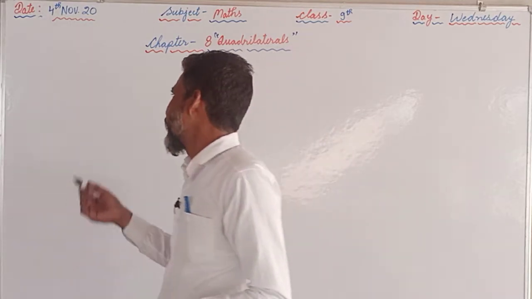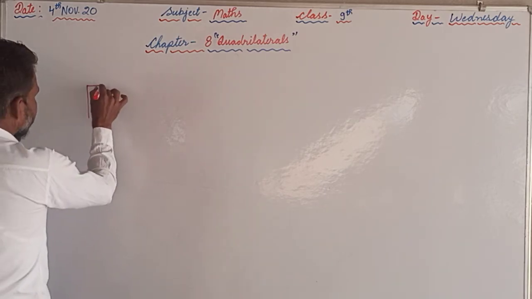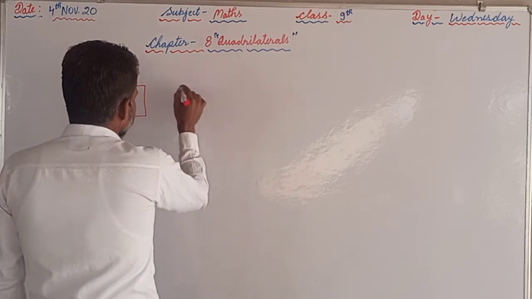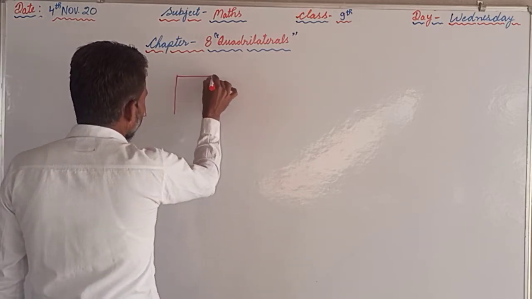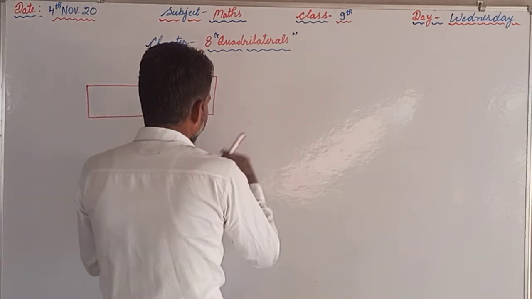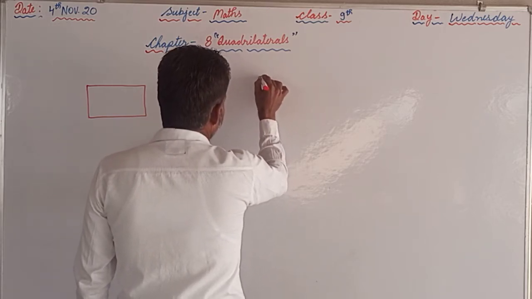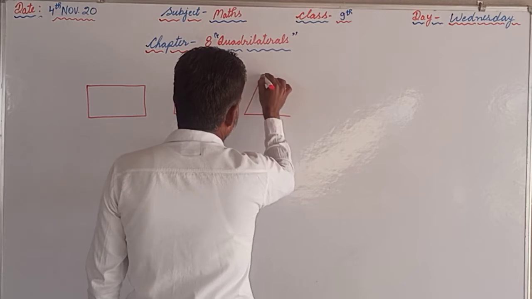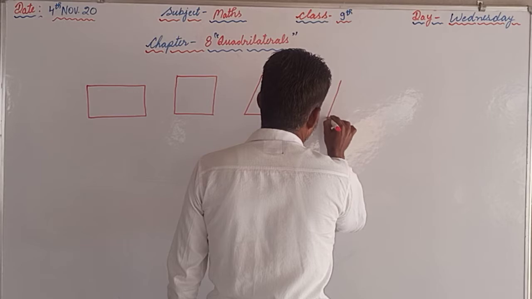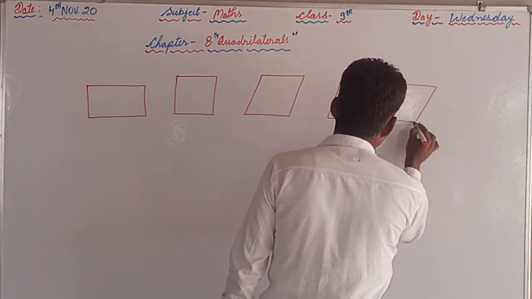So four sides can be like this, or like this, or it can be like this, or it can be this.